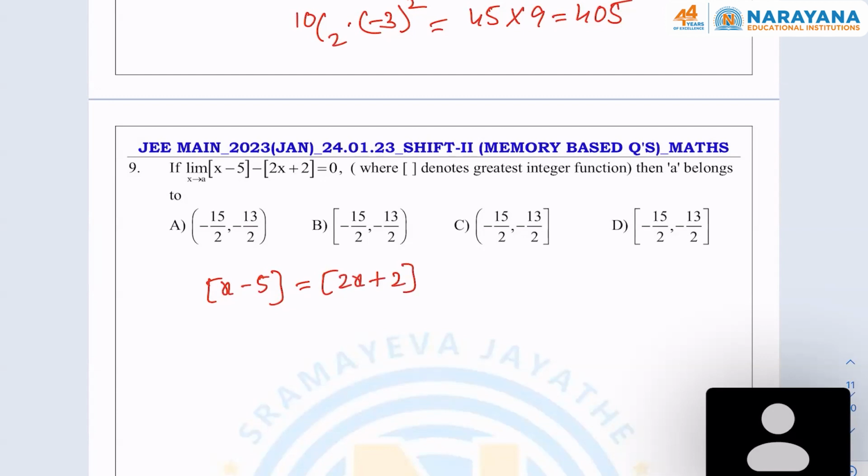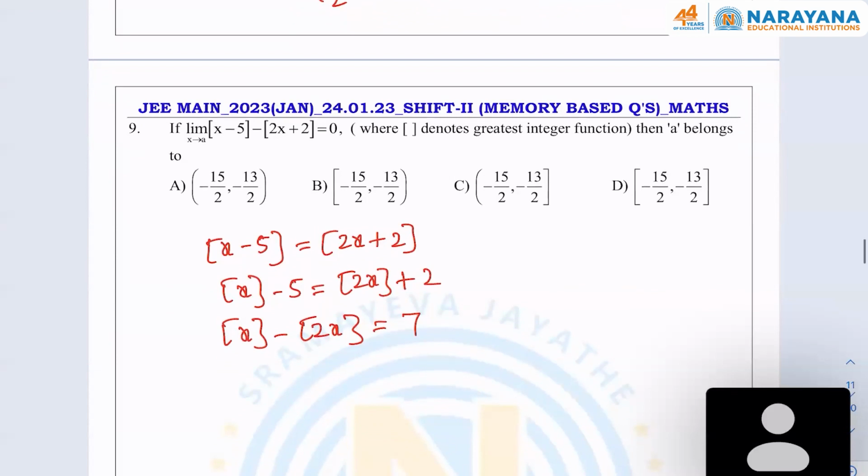So step of x minus step of 2x is equal to 7. All right, so here we'll get two cases.